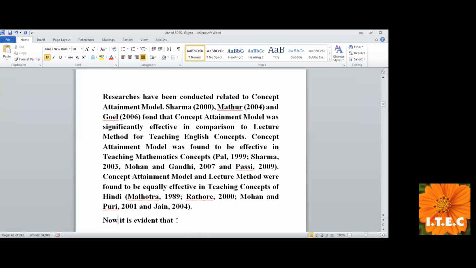Now it is evident that the teaching of concepts is very important.